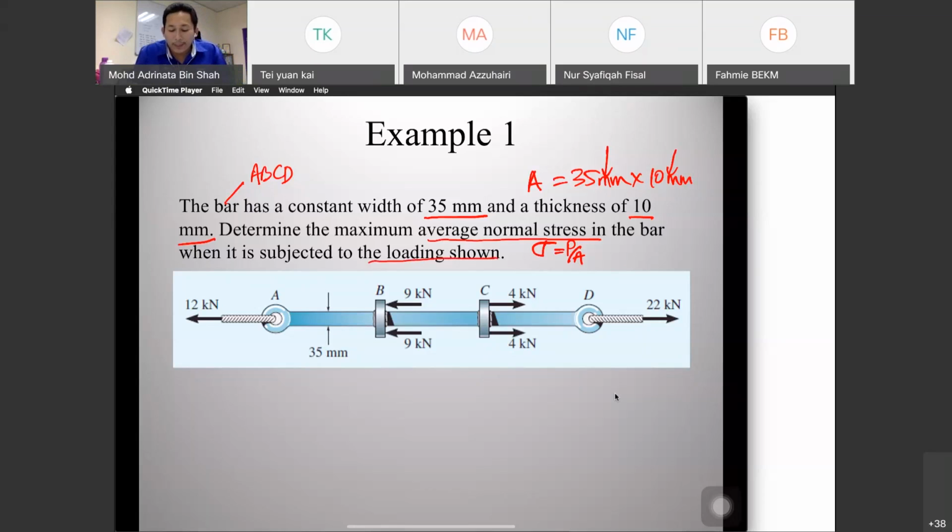So loading shown, bar yang ini adalah structure analysis lah untuk truss. Okay, kita dah belajar structure analysis untuk truss. Macam mana kita nak dapat dalam equilibrium. So kita potong untuk kita tahu force kat sini. Okay, and then kita potong kat sini untuk kita tahu X kat sini. So bila kita, okay, kejap.